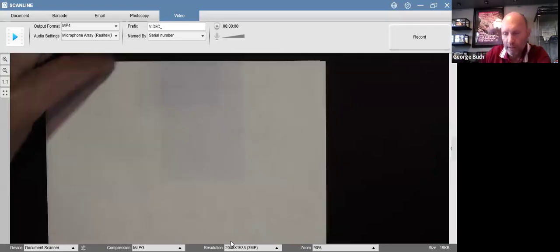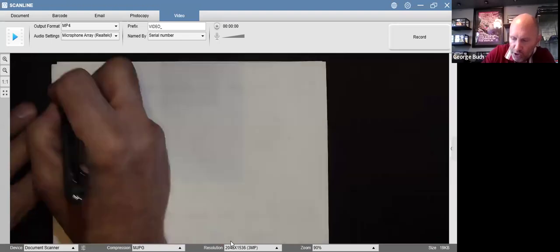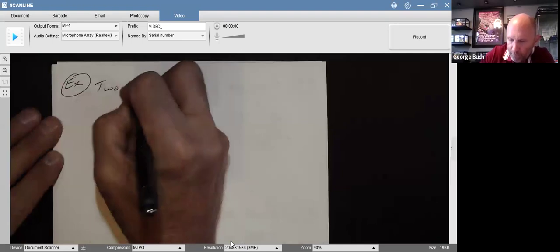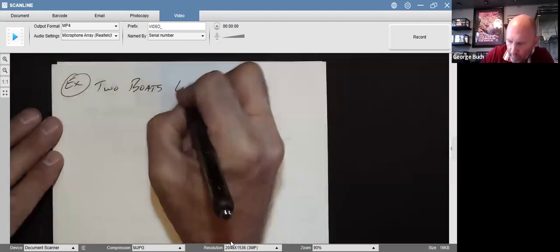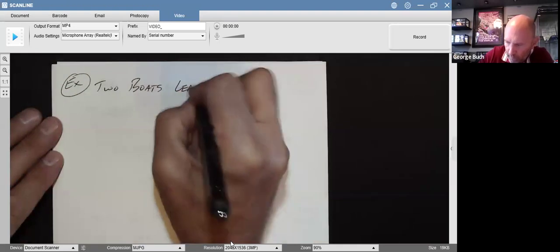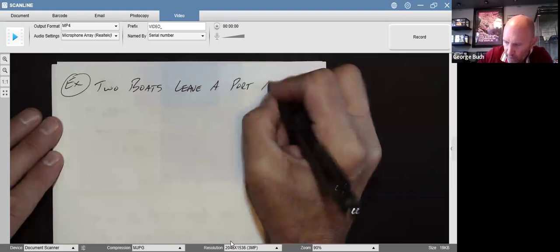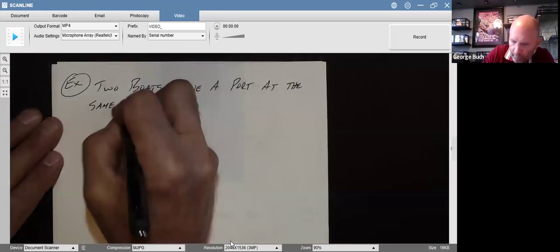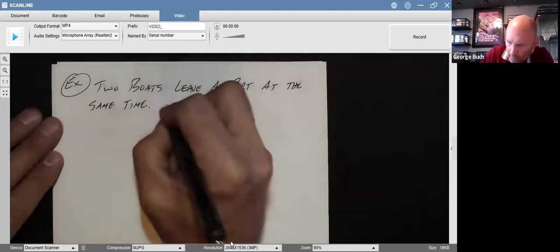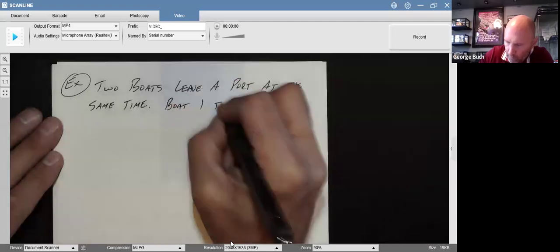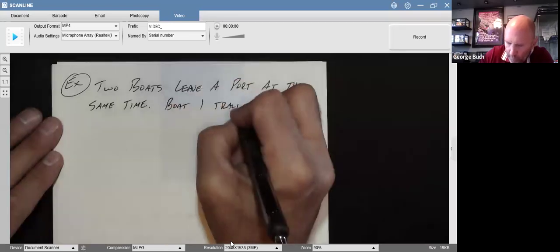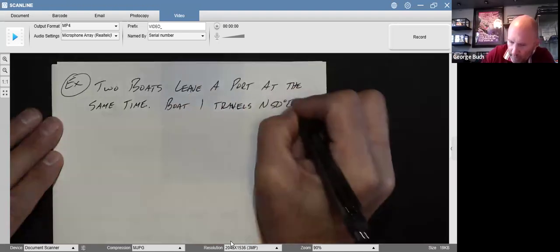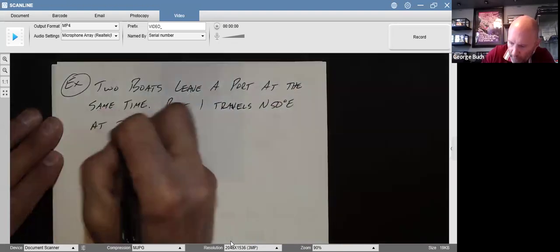Next problem, our bearing and heading type of problem, our navigation problem. So we have two boats leave a port at the same time. Boat one travels north 50 degrees east at 30 miles per hour.